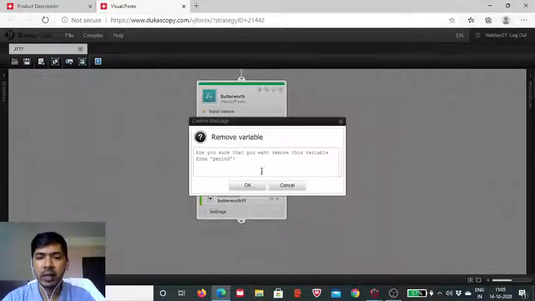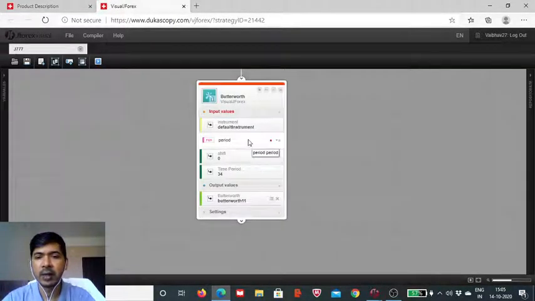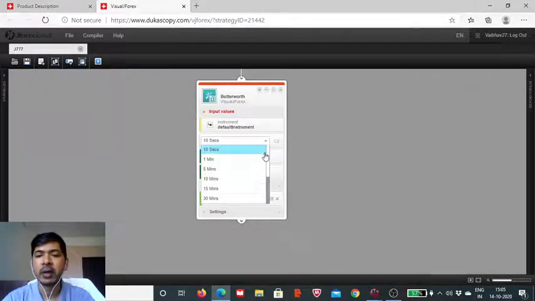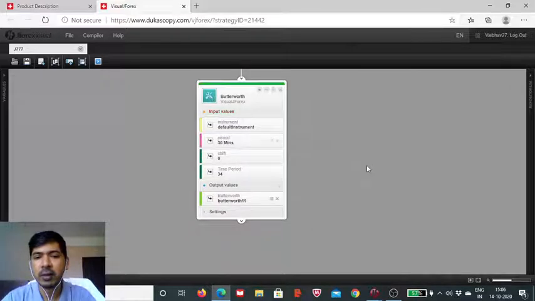So in today's session, for example, we will take the time period for calculation of this Butterworth filter at 30 minutes. Look back period can be 0, or we can go back in time, for example 1, 2, 3, and so on. Whatever the look back period is, you will get the data retrieved for that particular candle, with the output value of the Butterworth at that point in time.